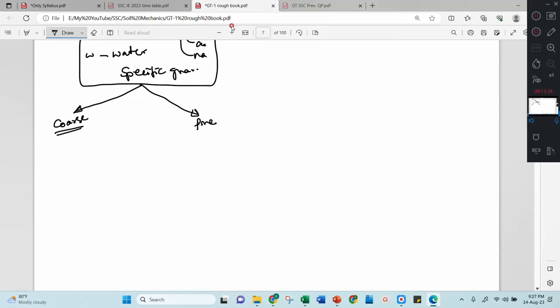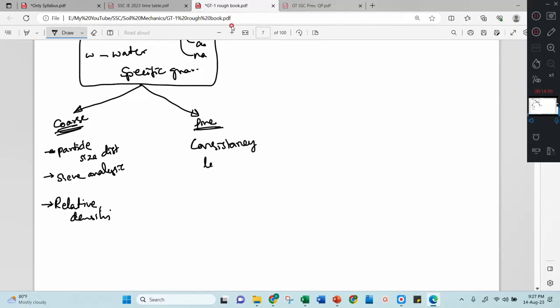Here we have particle size distribution, or you can call it sieve analysis. This is your coarse grained soil index property. Then we have another one, relative density.